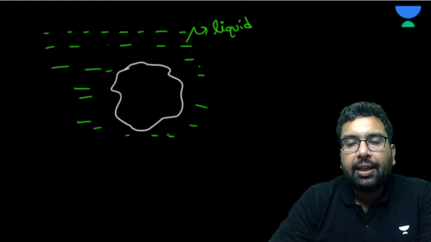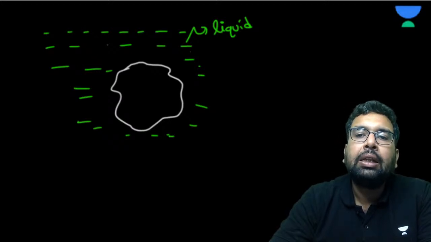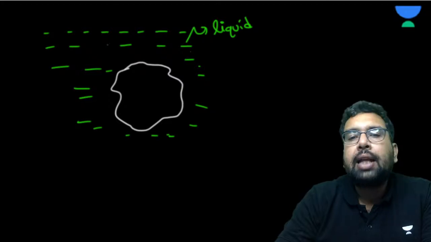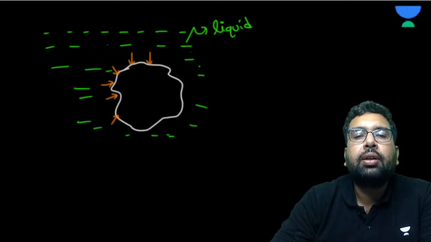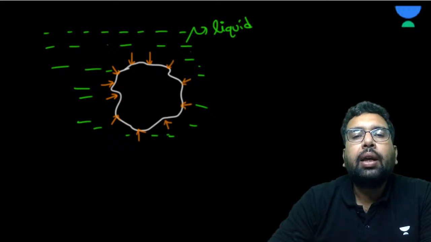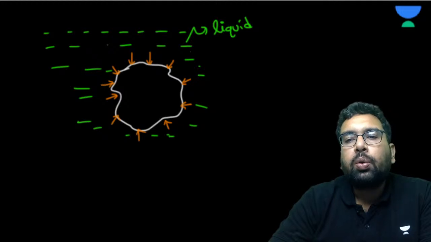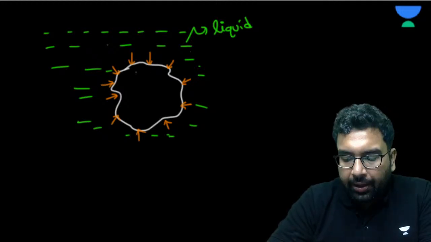Now, I hope we understand this, that a static fluid will be giving pressure normal to each point of this surface, and all this pressure is going to be equal, isn't it?